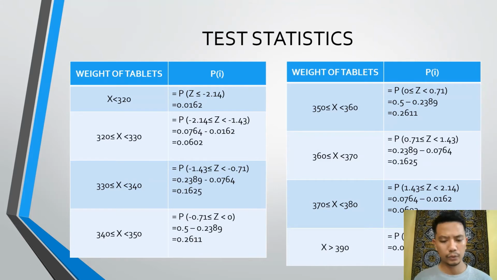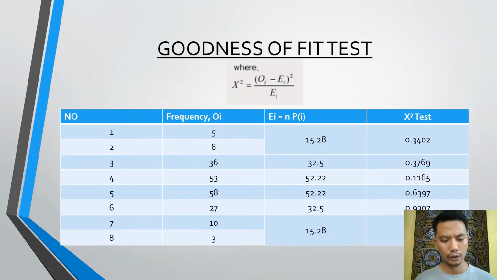Then we continue to the test statistic. For the test statistic, we have divided our data into 8 categories, ranging from 320 to 390. We have calculated the probabilities of each of these classes.